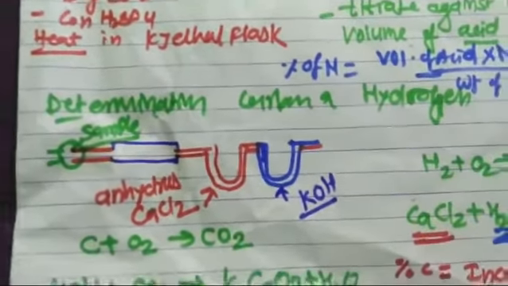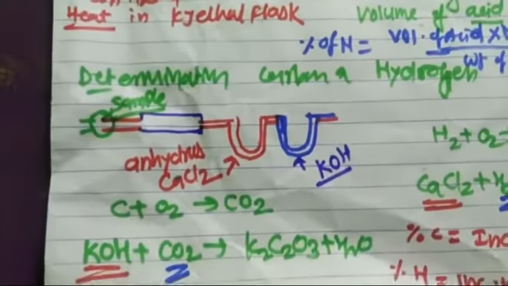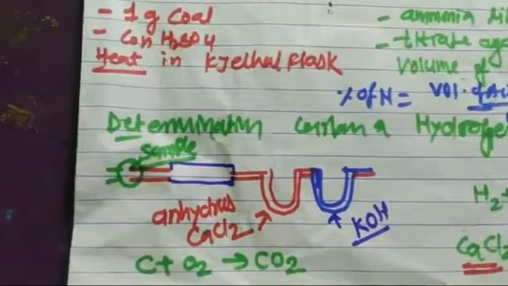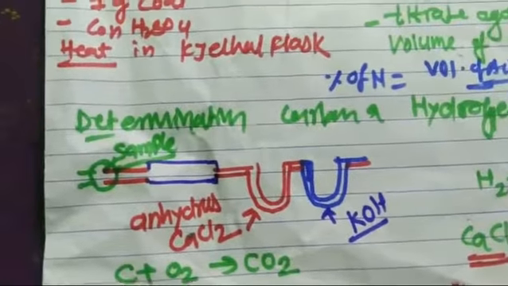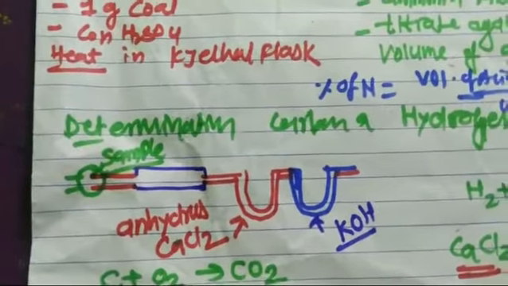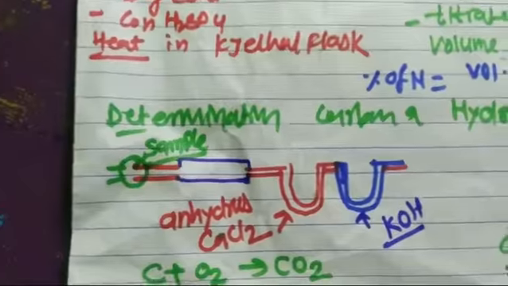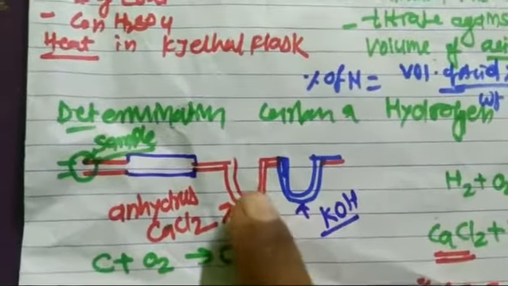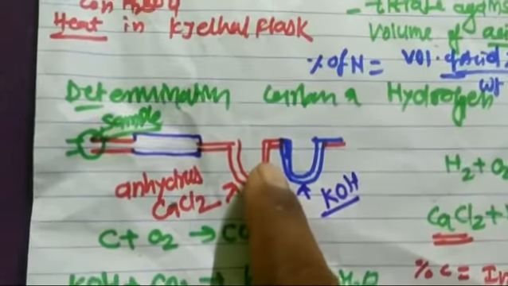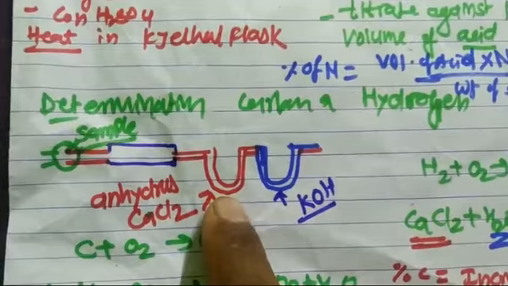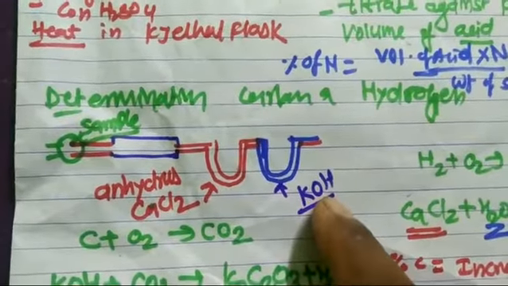For determination of carbon and hydrogen, we see the apparatus like this. In this apparatus there are two U tubes. One contains anhydrous CaCl2 and the second contains KOH.